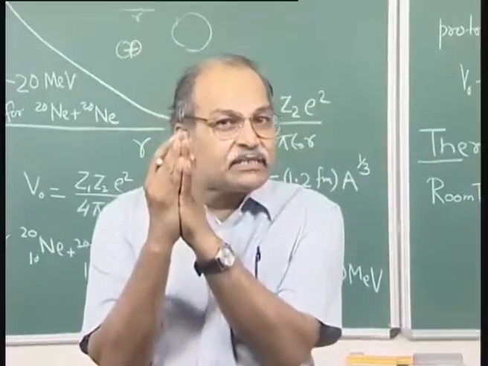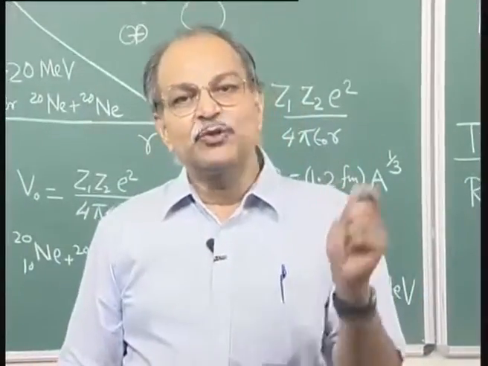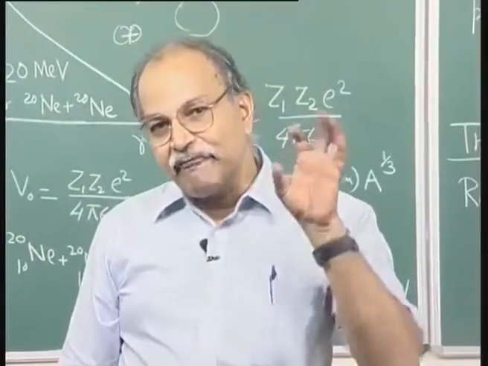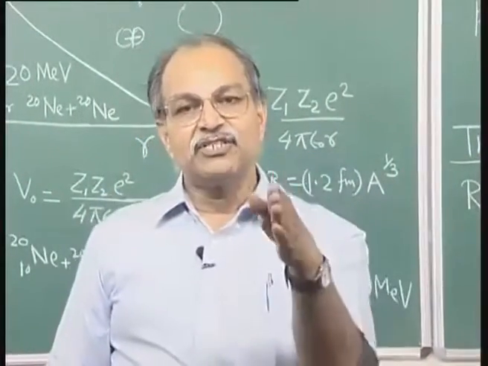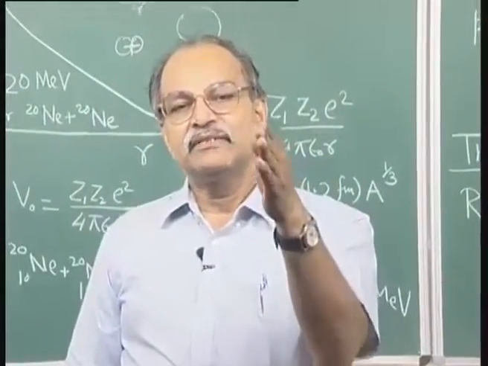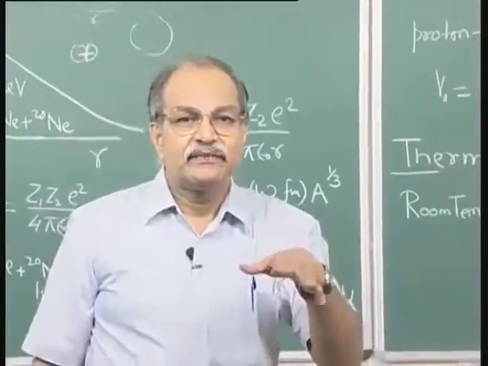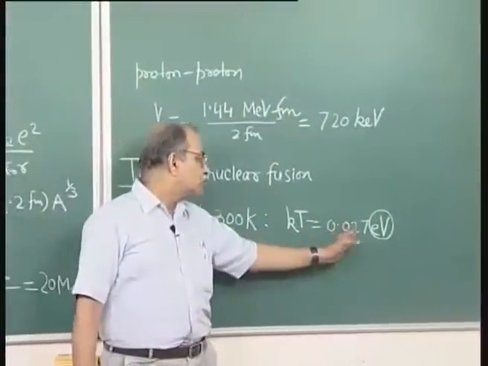The scale is decided by k into T, and 3 by 2 kT, or 1.5 kT, is the average kinetic energy. If we average the kinetic energies of different particles, that is 1.5 times kT. So, that is the scale of kinetic energy in thermal motion. At room temperature it is 0.027 eV.